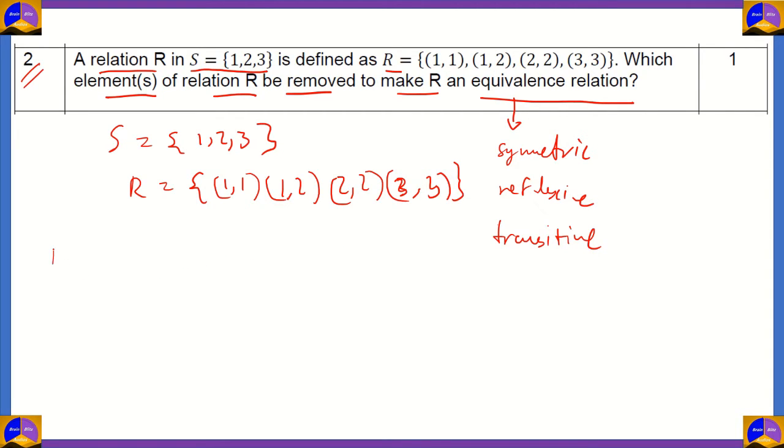We need to prove whether the relation is reflexive.